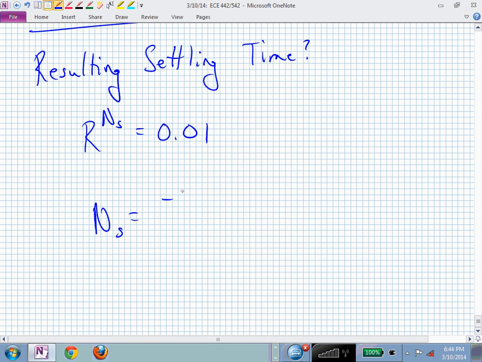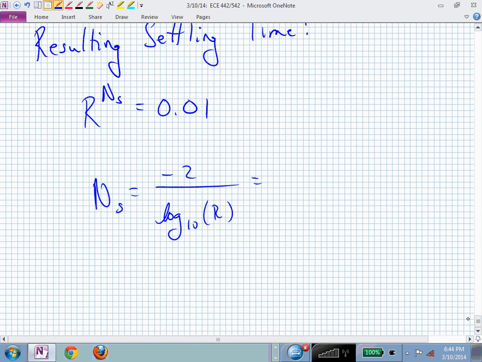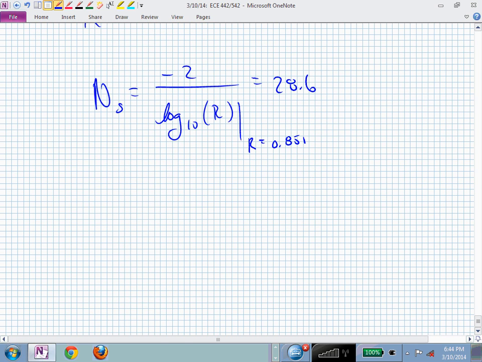N sub s is now minus 2 over base 10 log of r, and with r equal to 0.851, this now says 28 samples or 29 samples.